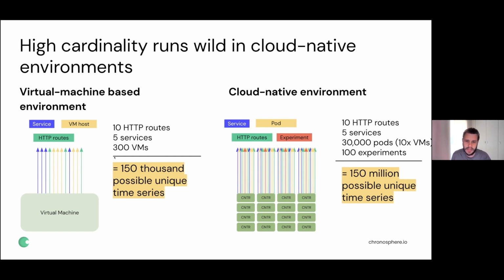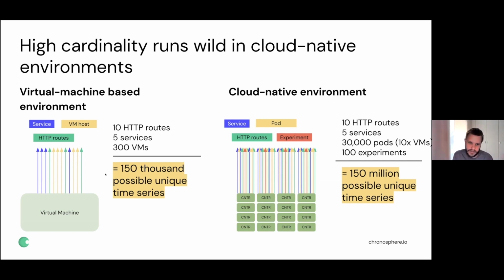However, in a cloud native world, you're running 10x the amount of instances, and you're now using something like 30,000 pods when you would have used only 300 VMs. And then you frequently run experiments in a cloud native world, and with services like LaunchDarkly, that's so much easier to do these days.